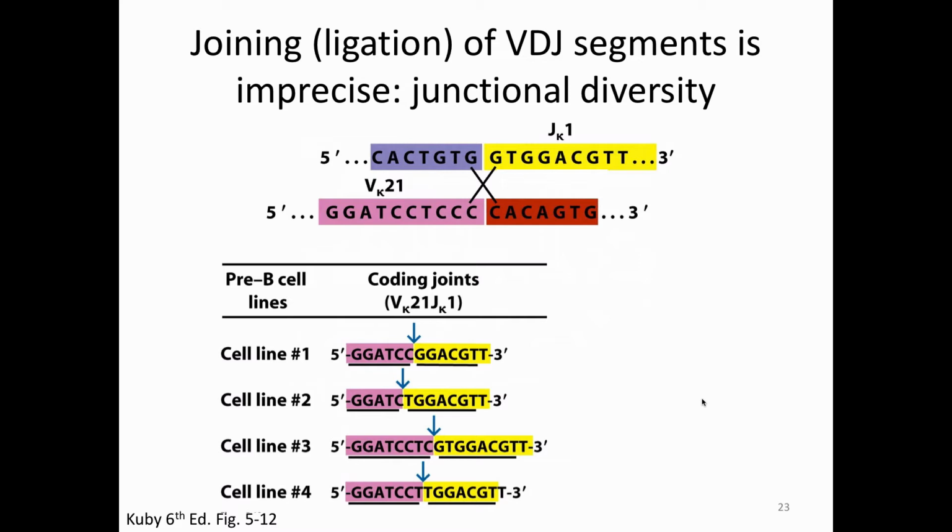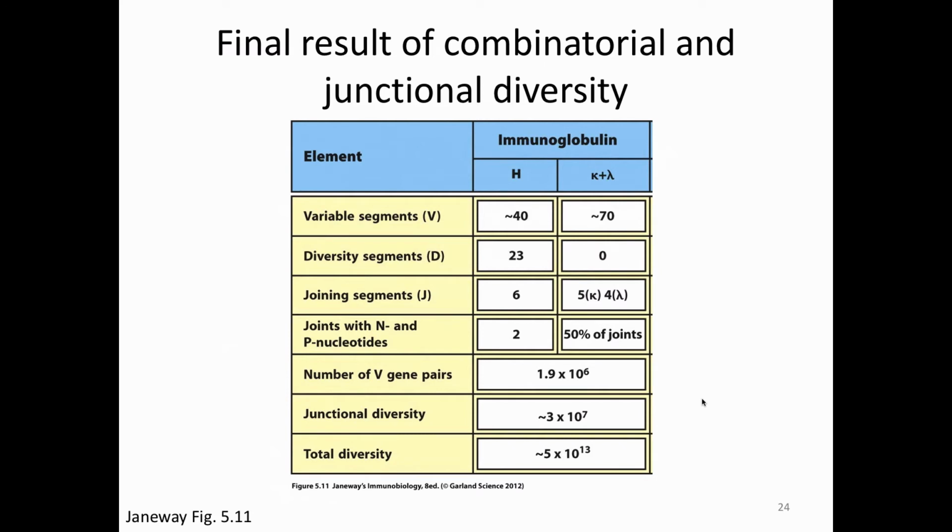So when we actually make the junction, when we join all of our gene segments, we have this additional process of junctional diversity that's going to occur. And so when you add that junctional diversity on top of the other combinations that we saw before, that's how we get to those super huge numbers of different antibody specificities that are made.